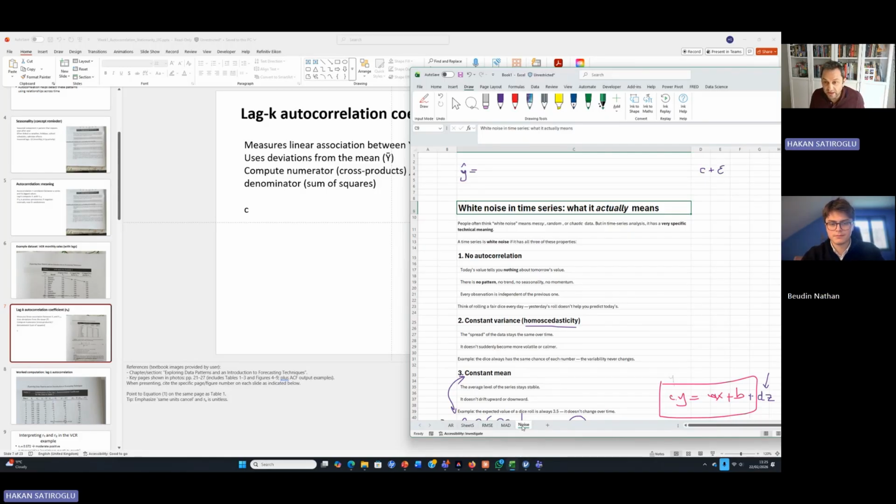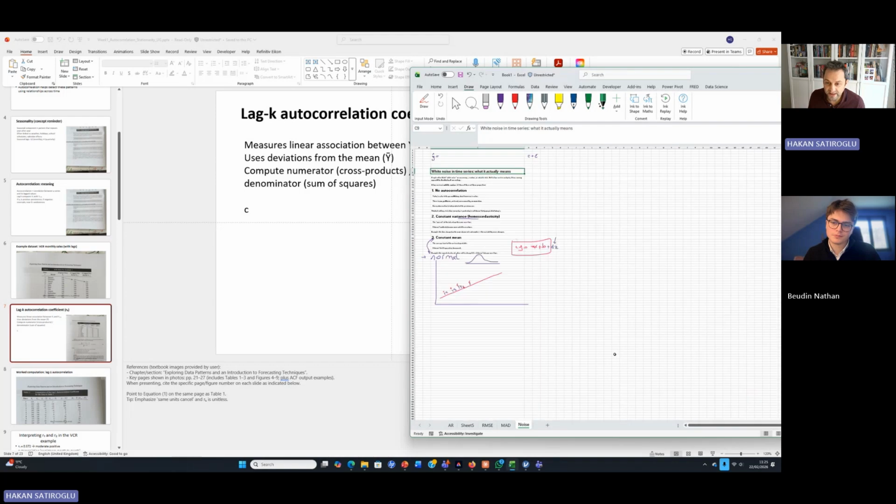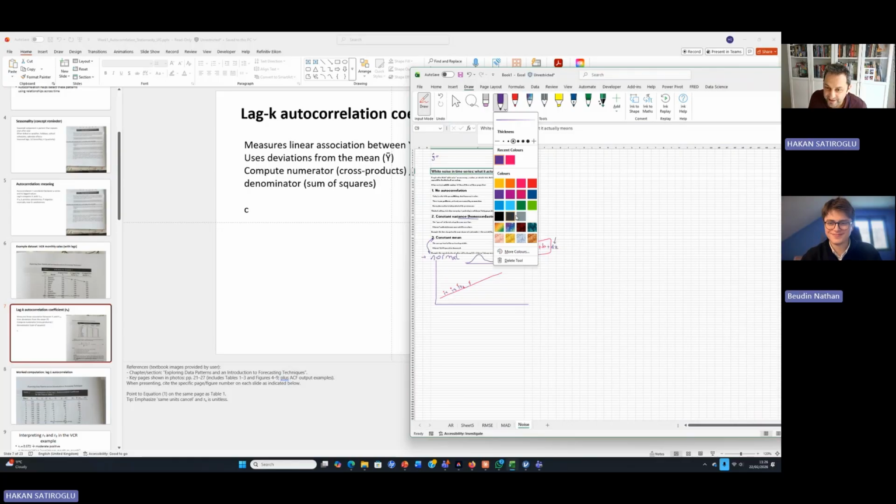What I used to do in our first article with Işık, I used this system: heteroscedasticity, autocorrelation. In economics, we always say, I mean, not we, they say, because I'm not an economist.